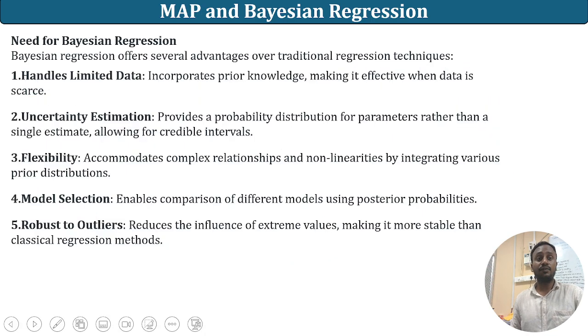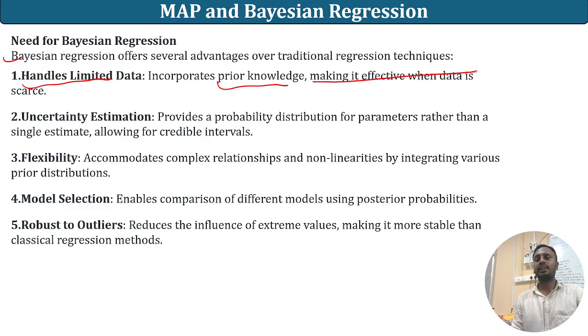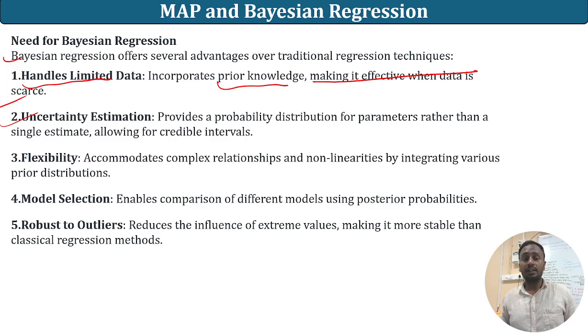So, what is the need for Bayesian regression? It handles limited data sets and incorporates prior knowledge, making it effective when data is scarce. We can also do uncertainty estimation. Even now, people are working more on uncertainty.